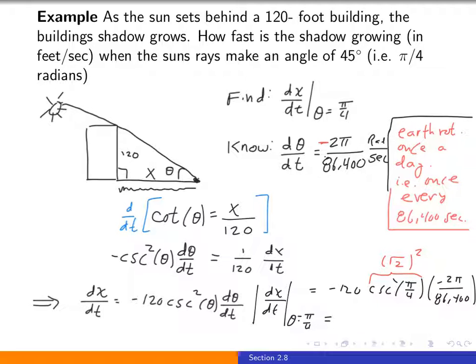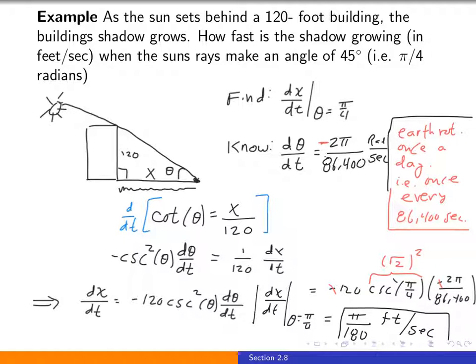What we end up with is a negative times a negative, so those go away. Then in the top we have 120 times 2 times 2, so 480, all divided by 86,400, and we have a pi in the top as well. So this simplifies to pi over 180. And our units will be feet per second.